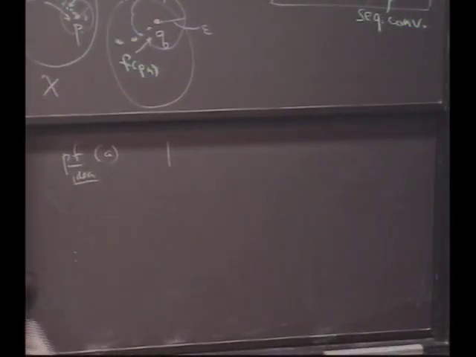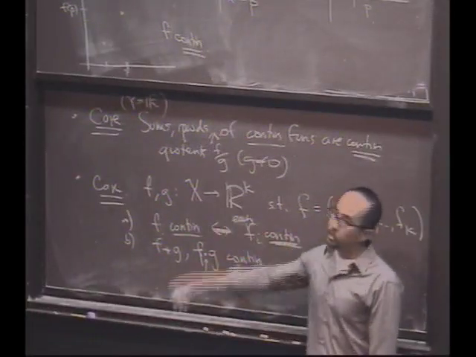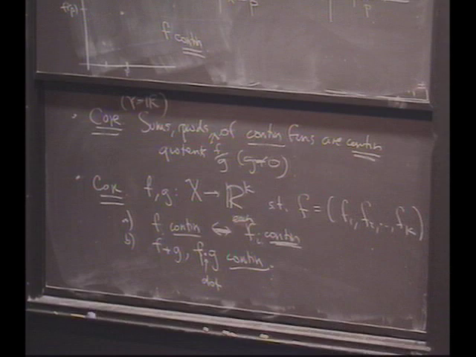In one case, I'm trying to make the distance between f of x and f of p small, right? In the other case, I'm trying to make the distance between fi of x and fi of p small. So if I have that one is small, can I show the other is small?